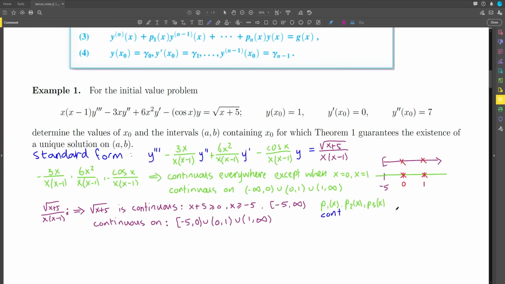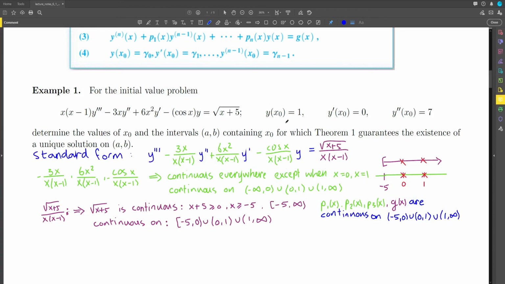And then g of x, that's our function here, we've now shown that these are continuous on the union of these intervals. And let's make them all open intervals. So we have -5 to 0, union 0 to 1, and then union 1 to infinity.